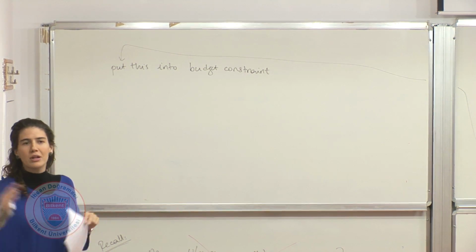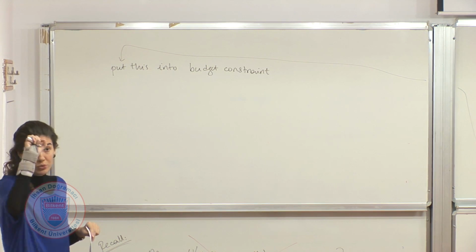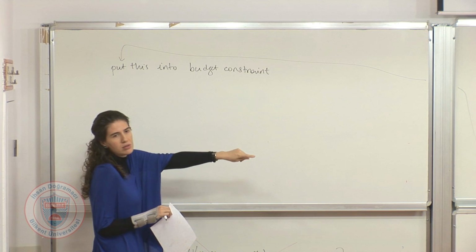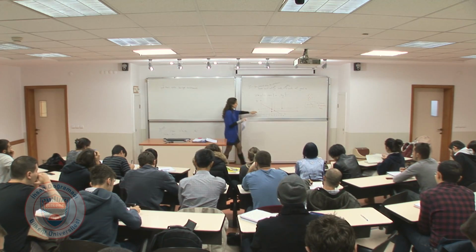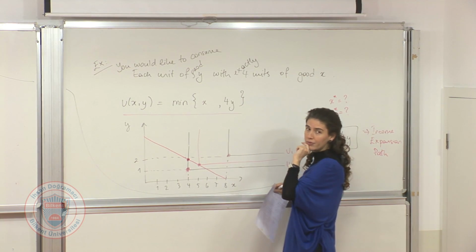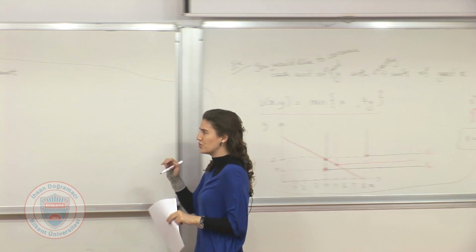So you see that once you figured out how to solve the case for perfect complements, it's easy. You don't have to use the Lagrangian. You just be smart and say that the optimal points should be on the vertices, you know the equation which represents these points, which is basically this, and then you just put this back into the budget constraint, right?